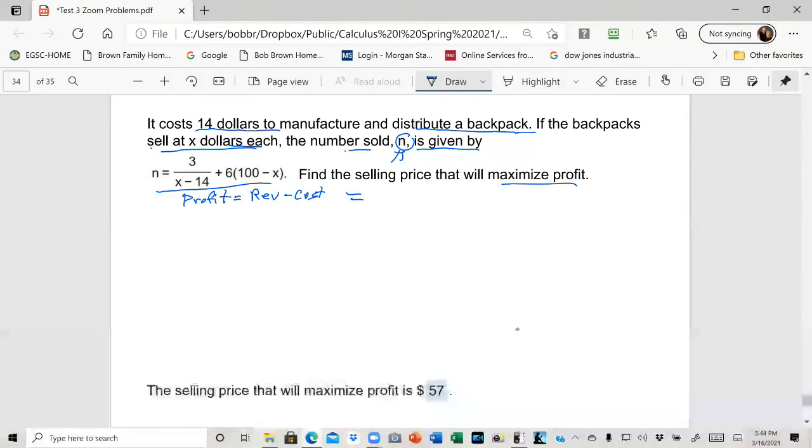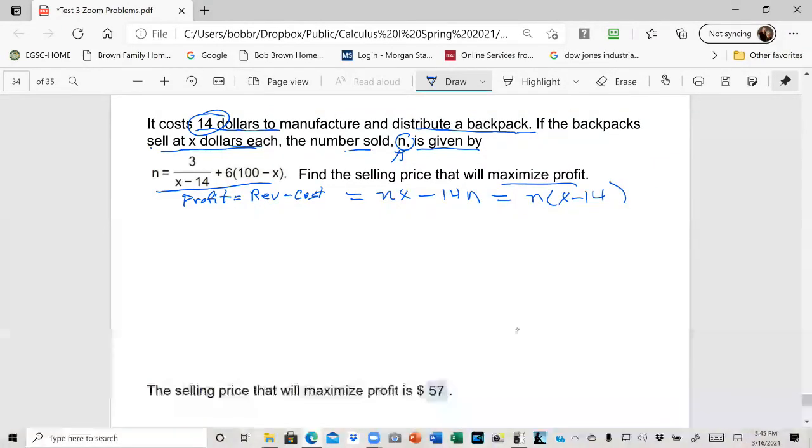So the revenue is going to be N times X. And the N that is sold, they cost $14 each. So the cost is 14N. So the profit is equal to, I'm factoring an N out, N times X minus 14.